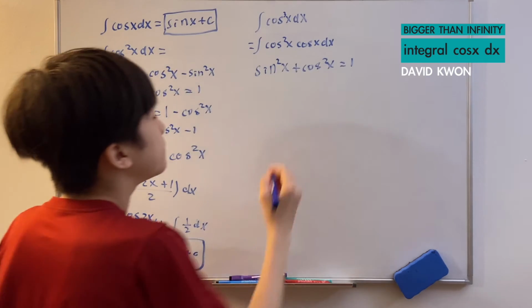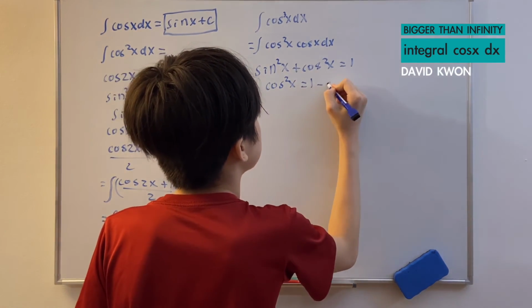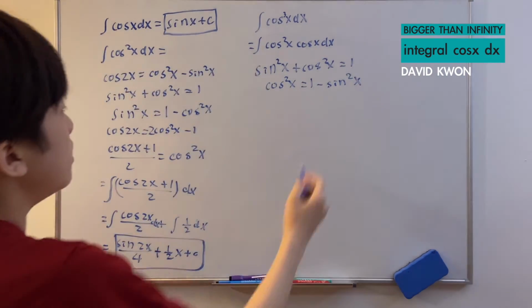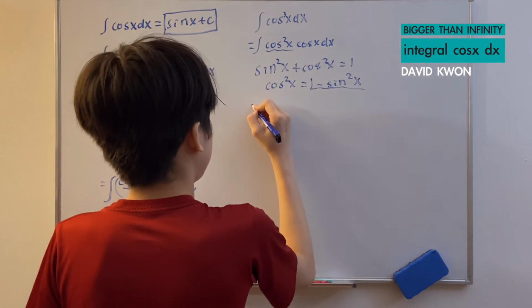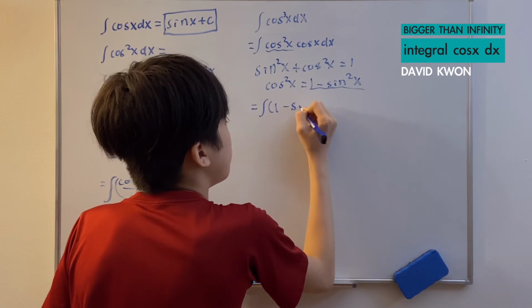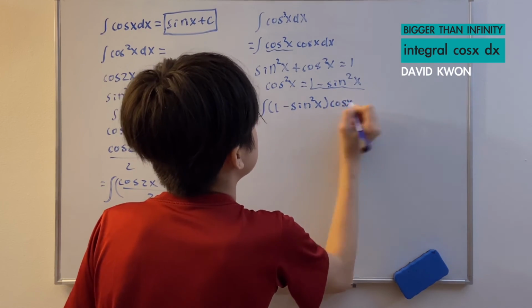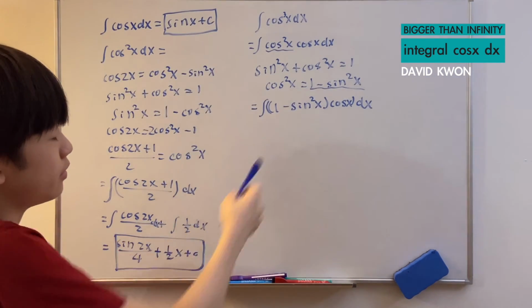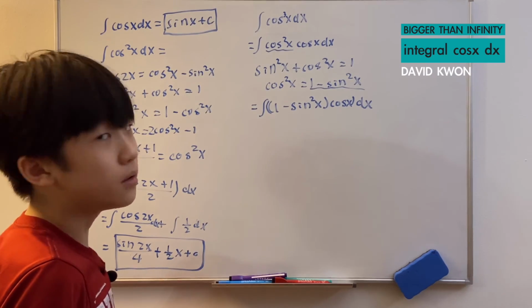So I have cosine squared x is equal to 1 minus sine squared x. Great, and now I just simply replace this for that. So it is equal to the integral of 1 minus sine squared x times cosine x dx.